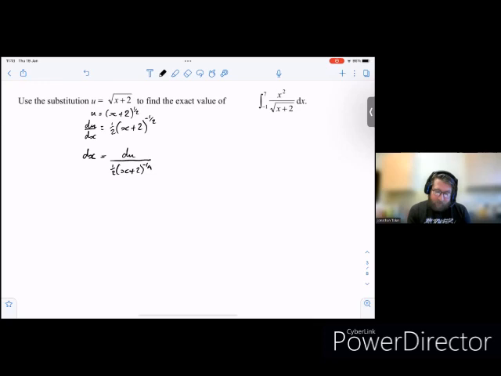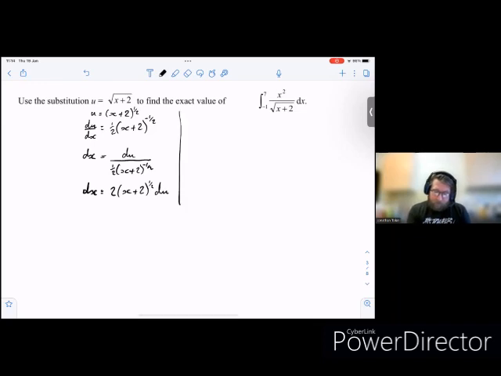We can simplify this because we're dividing by a negative power, so that's the same as multiplying by the positive power, and we're dividing by a half, which is the same as multiplying by 2. So we get dx equals 2 x plus 2 to the half du. Okay.